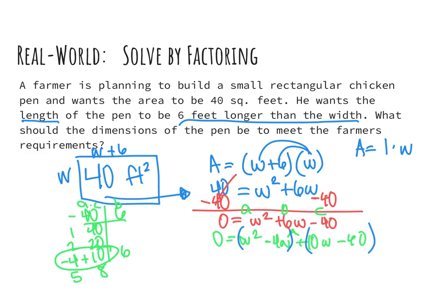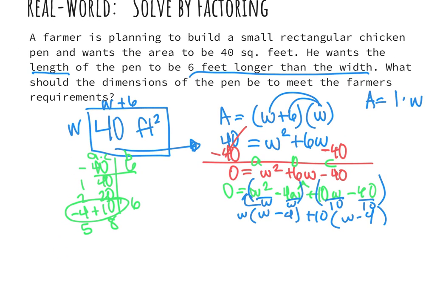The first 2 don't have any number that can come out, but I can factor out a W. So I have W times W minus 4. The second one, I can factor out a 10. So I'm going to do a positive 10, and I have W minus 4. Remember, my goal was always that my parentheses are the same. So now I'm going to take my binomial.